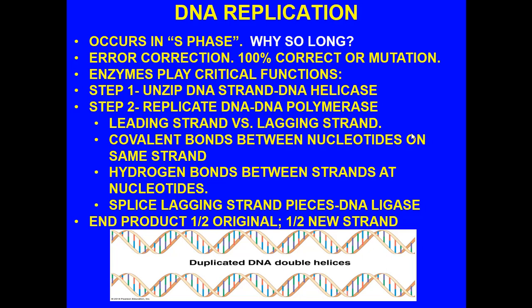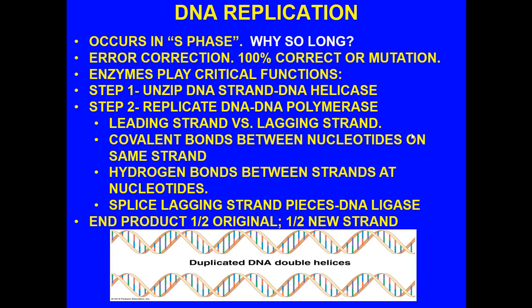So what happens is the DNA polymerase makes some of the new strand, pops off. Makes some more of the new strand, pops off. Wherever you have these splicing that's necessary of these lagging strand pieces, you have a unique enzyme called DNA ligase.